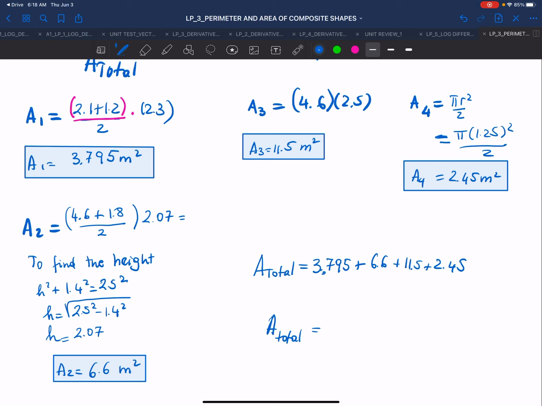I am using the calculator for this. So plus 11.5 plus 6.6 plus 3.795. I got 24.3. And that would be in meters squared. And that's the total area. And that's the end of the lesson.